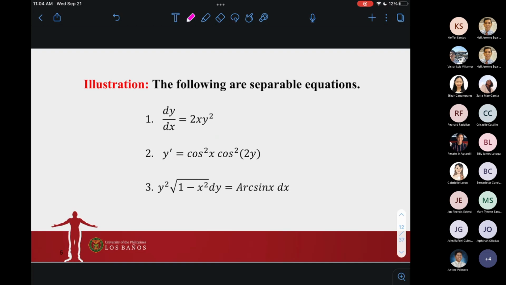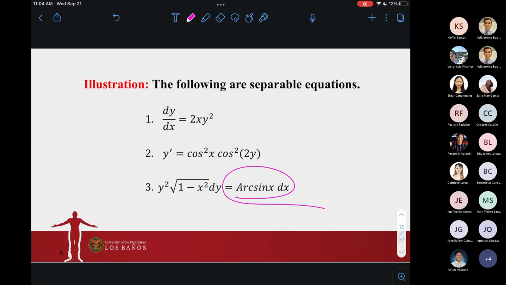But that should remind you na kailangan tandaan natin yung methods of integration. So kailangan babalikan natin paano nga ba mag-integrate. Because we might encounter very complicated integrations depending on how the respective functions involved look like. Katulad nito, meron kong arcsine of x.